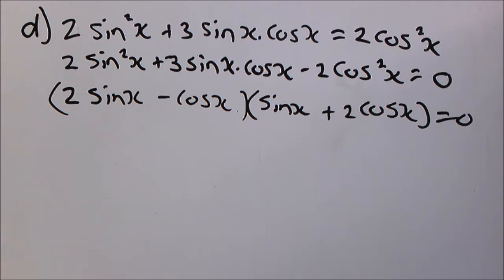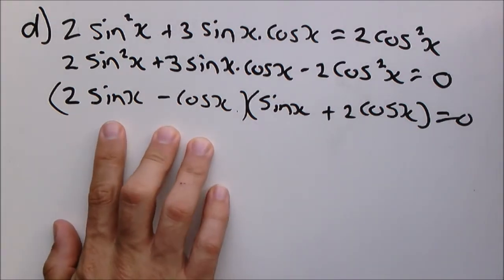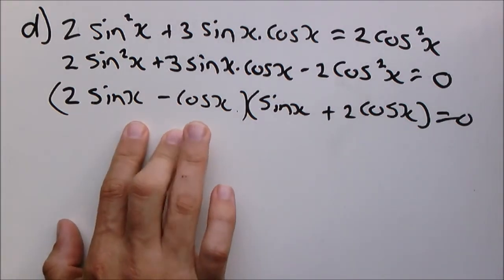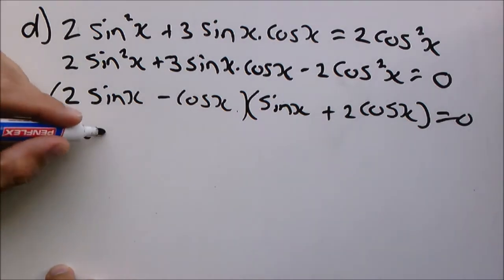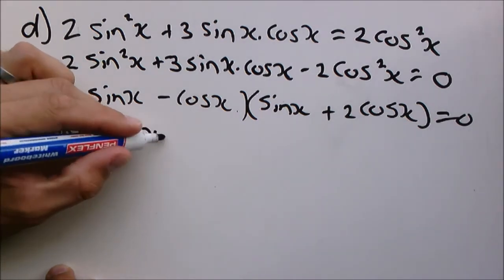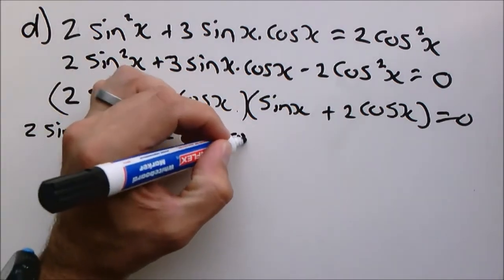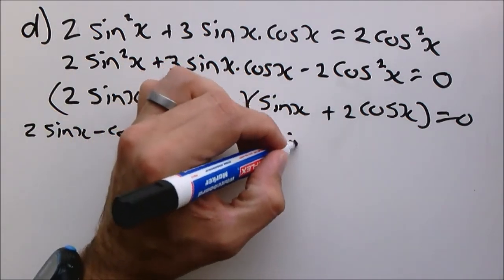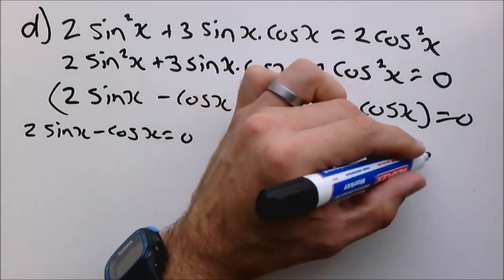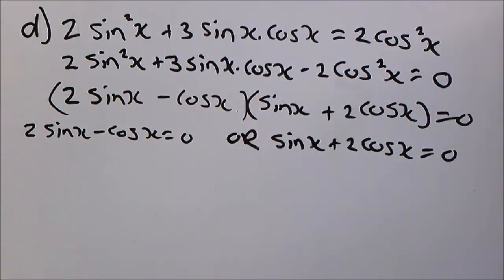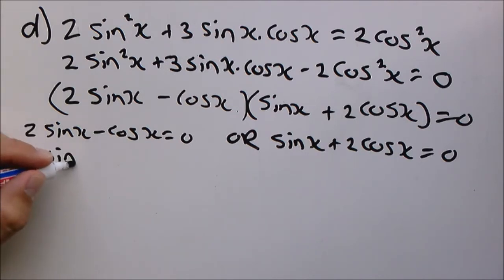Both brackets you will see will end up with different definitions, same angle, so we're working towards tan. So on the left hand side bracket will be 2 sine x minus cos x equals 0. Right hand side, sine x plus 2 cos x equals 0. The left hand side bracket, let's first finish this one.